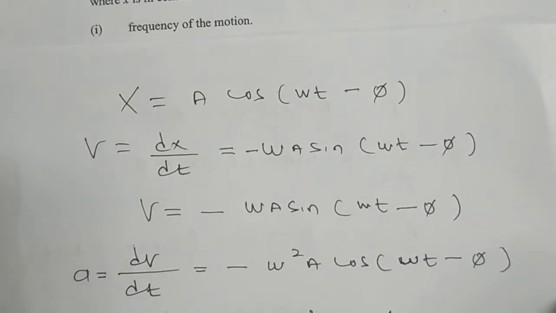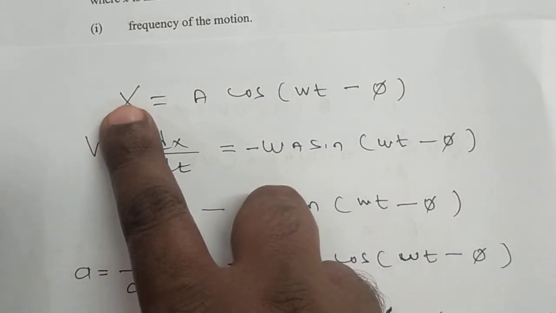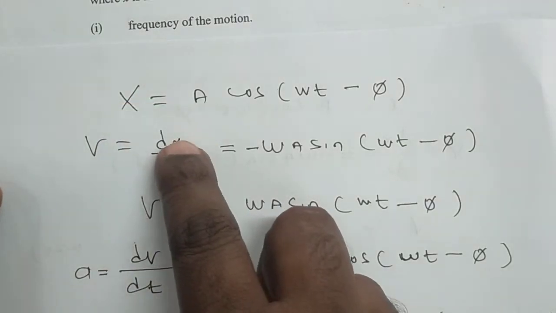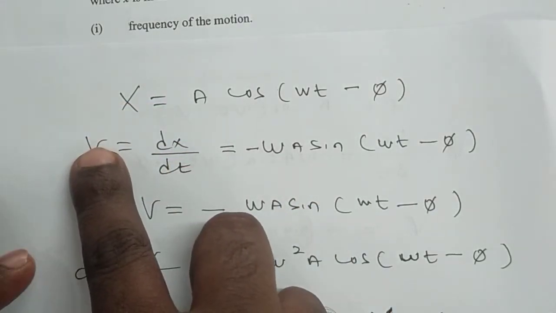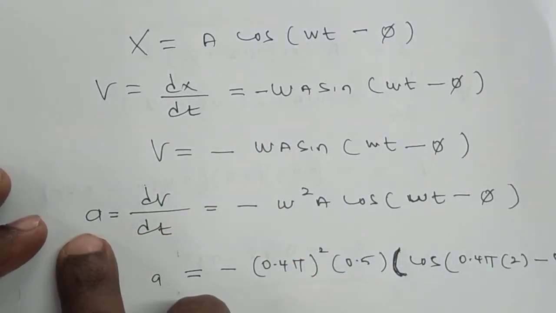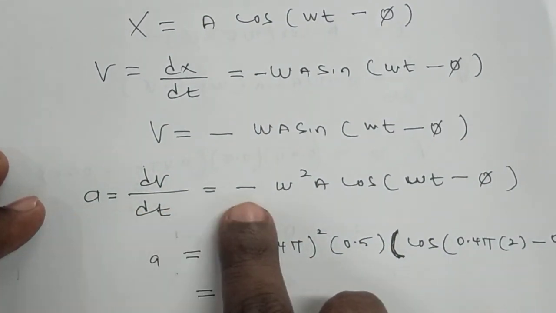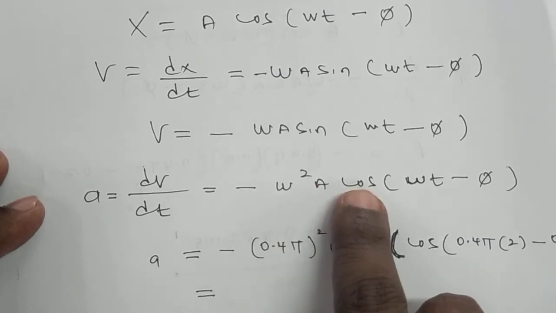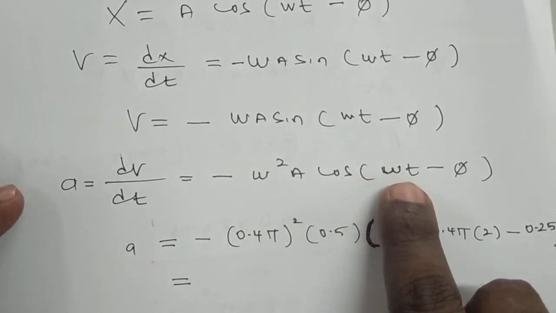From the displacement x, we differentiate x with respect to t to get the v, and we differentiate v with respect to t to get the acceleration, which equals negative omega square a cos in bracket omega t minus phase angle.